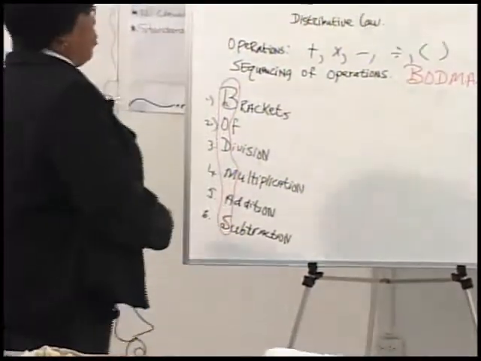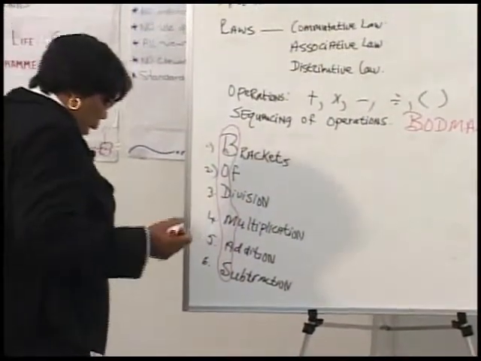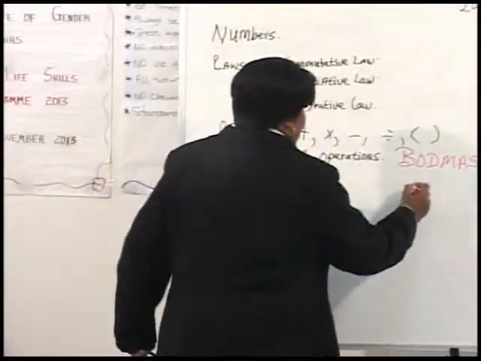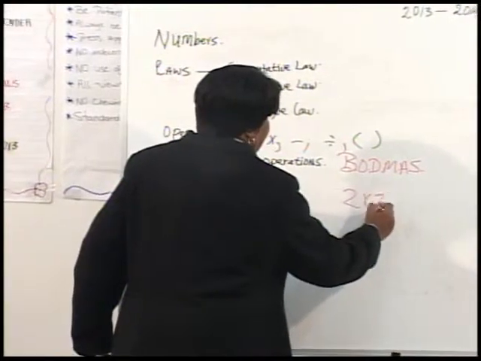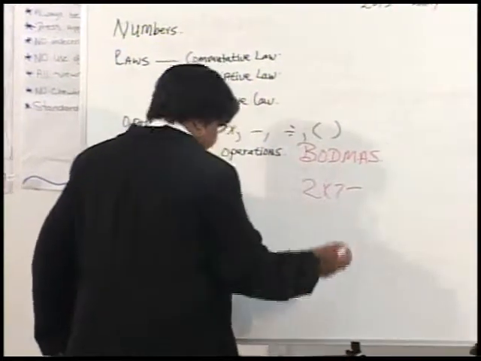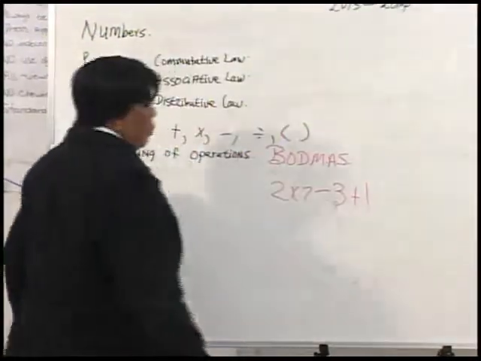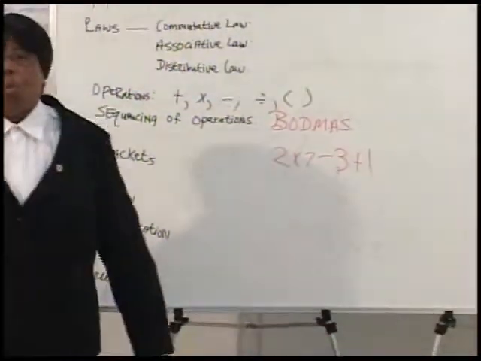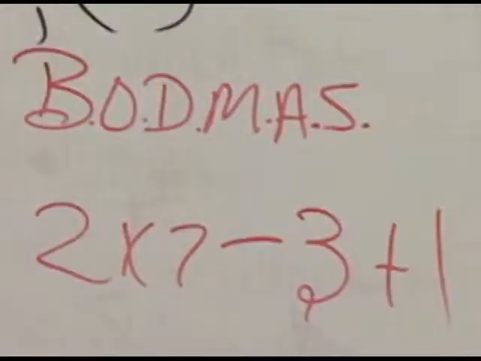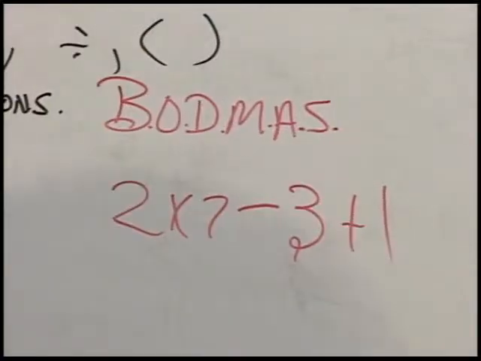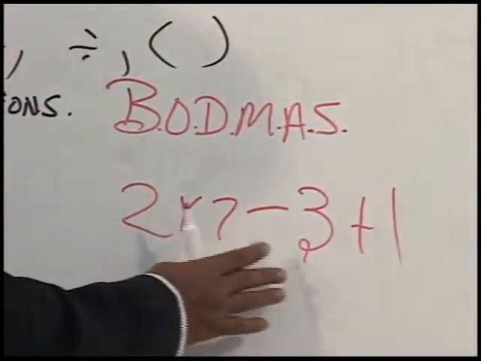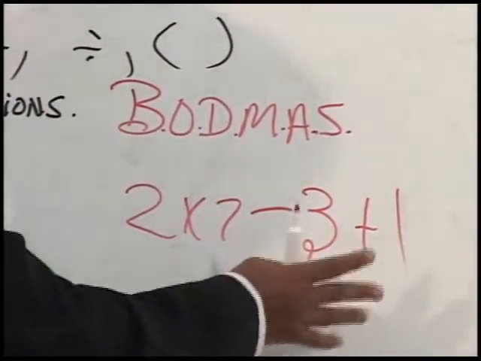Suppose you're given numbers, and it is 2 multiplied by 7, minus 3, plus 1. How do we know what to do? Do we just attack the numbers as they come? Are we just going to say 2 times 7 minus 3 plus 1?